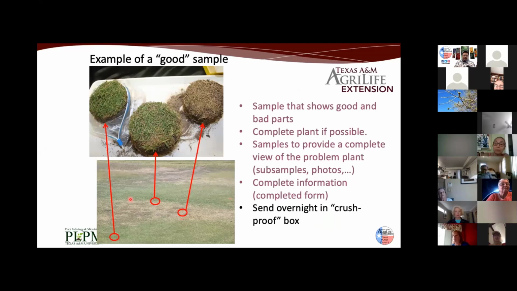Where I pointed down in the field, in the sod farm, you have one that came from what looks like the healthy part, one that came from where it was all dead, so where it's severe, and one came from the transition. In fact, when you look at it, you could probably make out the line where this part is the dead part and this part is the live part.